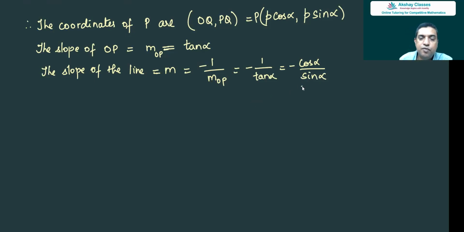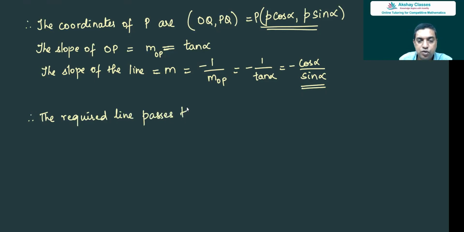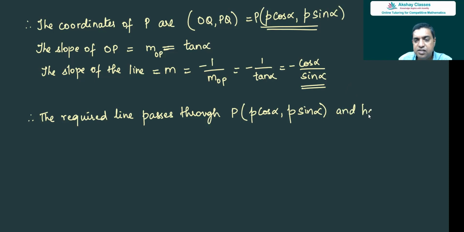Now we know the slope of the line and we know the point through which it passes. Therefore, the required line passes through P cos alpha, P sine alpha and has the slope minus cos alpha by sine alpha.